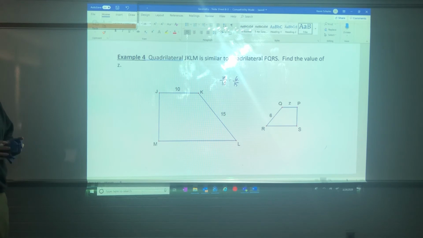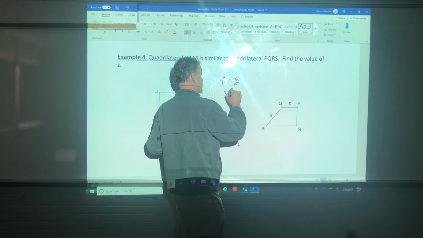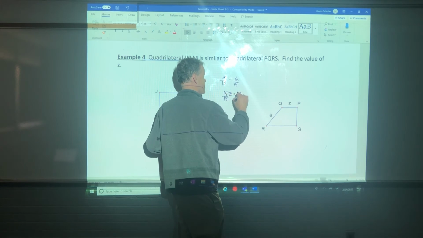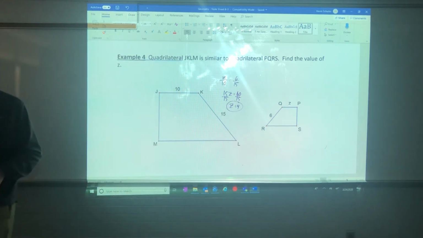And then we would just use cross multiplication to finish that off. All right. And you would end up getting 15 times Z equals 6 times 10 or 60. Divide through by 15, Z equals 4. Okay, we're going to get 4 for Z.